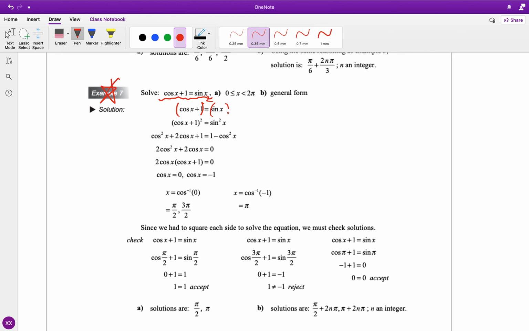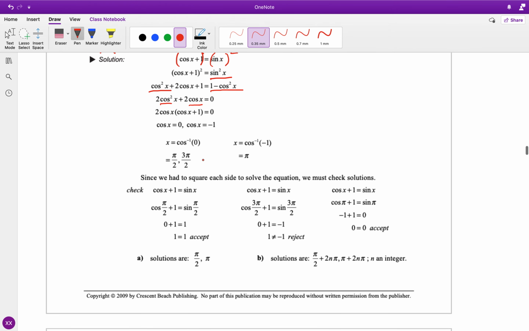As soon as we square both sides, we get a cosine squared and a sine squared. In this case, we can change the sine squared into 1 minus cosine squared. This is our beautiful strategy for this type of question. Then we have a variable that is only cosine, and it's a quadratic equation.